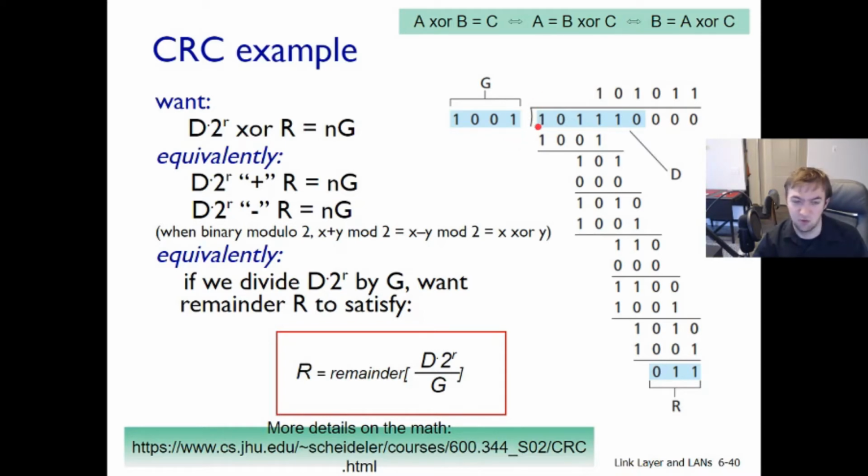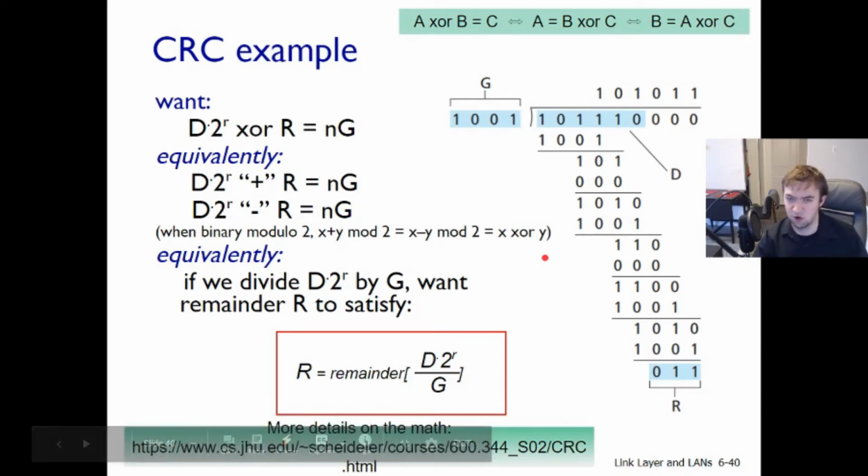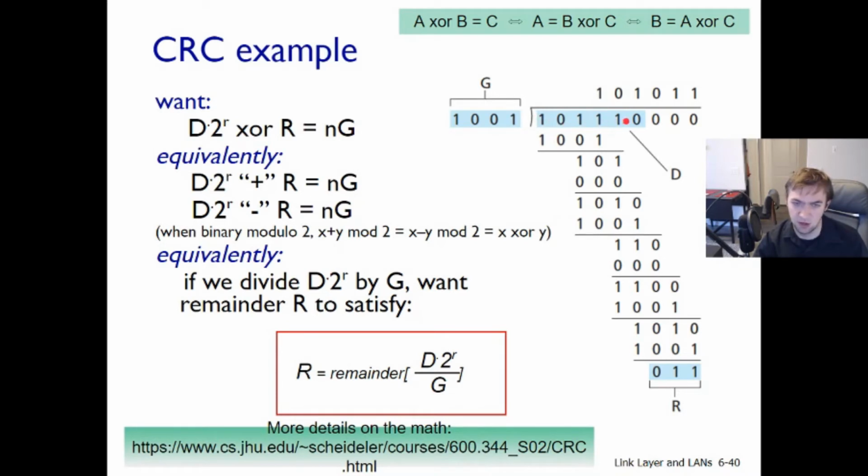You take your data bits, add just zeros to the end, and calculate what the remainder is after you divide by your generator G. After doing some of the math, we eventually find that our remainder is 0, 1, 1. So what we actually end up sending across is going to be 1, 0, 1, 1, 1, 0, 0, 1, 1.